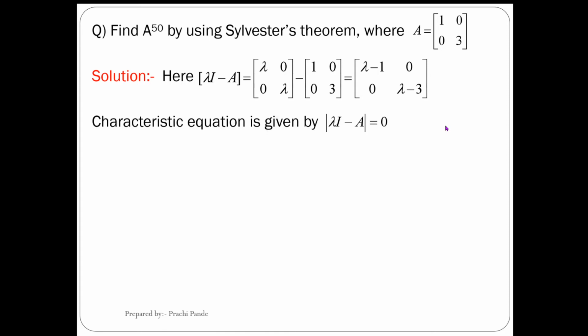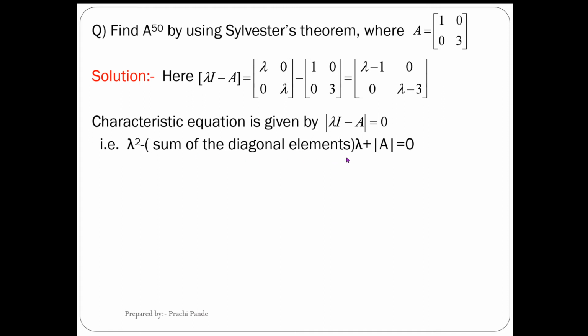Now obtain the characteristic equation by equating determinant of lambda I minus A with 0. By the usual way we would find the determinant of lambda I minus A, but by the shortcut method it is lambda square minus sum of the diagonal elements into lambda plus determinant of A equal to 0. This is the shortcut method to obtain the characteristic equation for 2 cross 2 matrices.